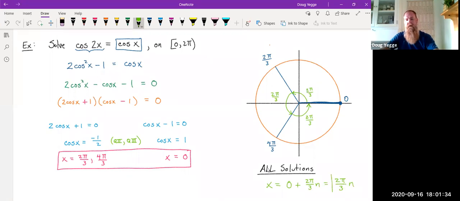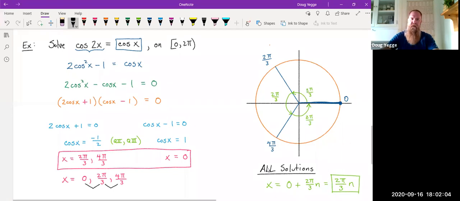So that's how we could look at it graphically, but keep in mind that if you wanted to do this without having to draw it, you could also write these values out in order, and now just determine if you're able to add one consistent angle from one to the next. From 0 to 2 pi over 3 is 2 pi over 3. From 2 pi over 3 to 4 pi over 3 is also 2 pi over 3.